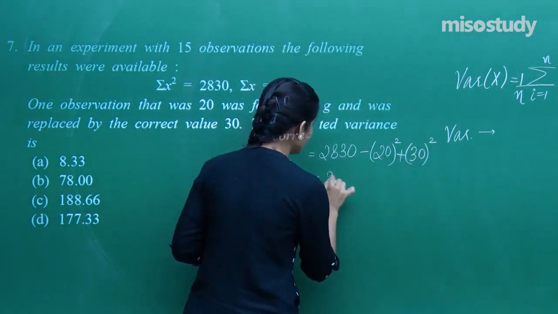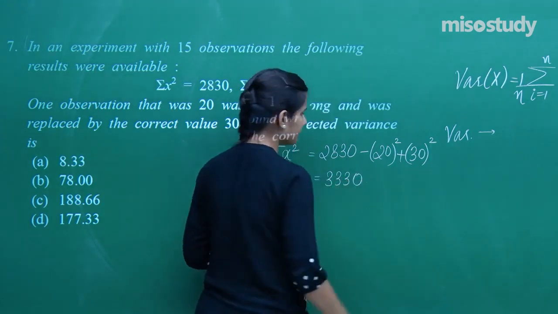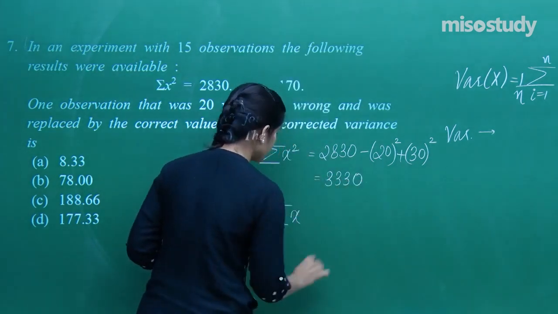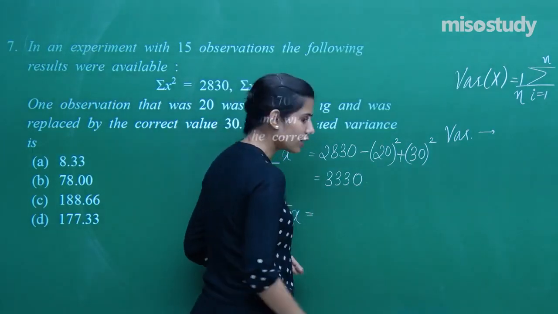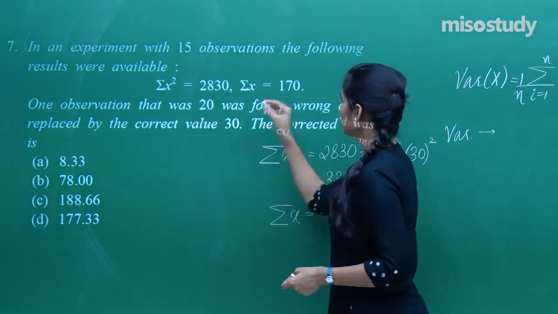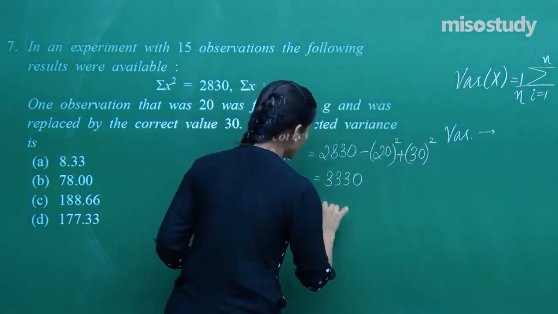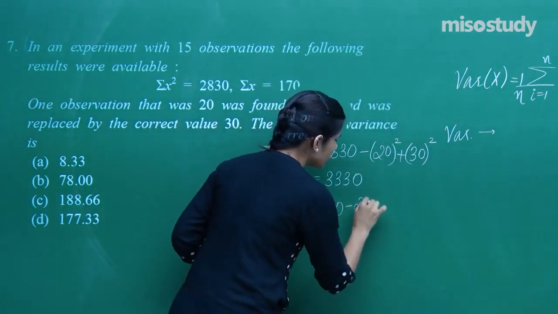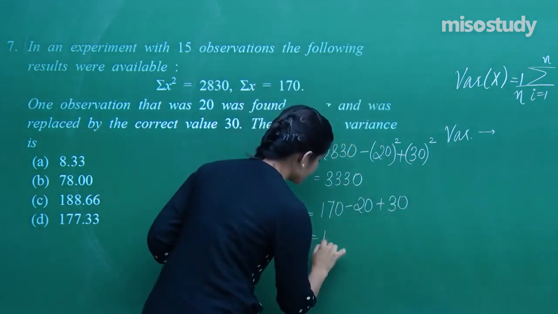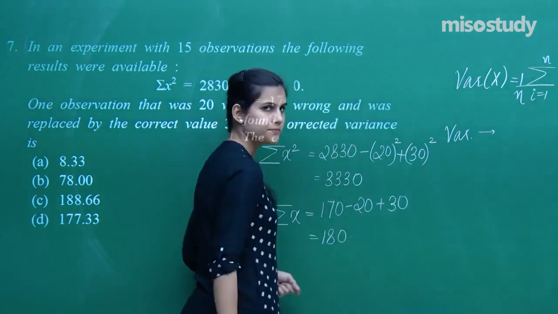This gives you 3330. Similarly, when I am talking about summation x, 15 observations are added, out of which 20 is wrong. So when previously I added 15 observations, I got 170, 20 is wrong, 30 is right. So here I get 180.